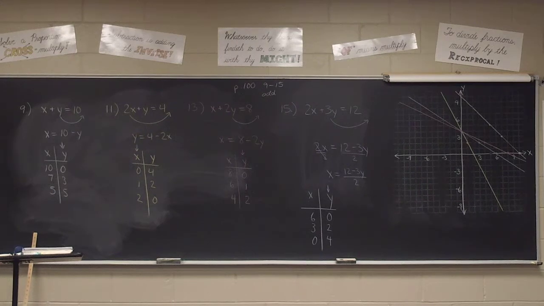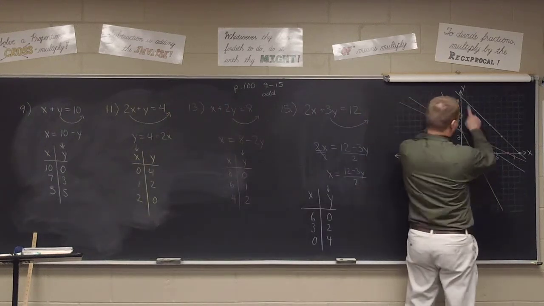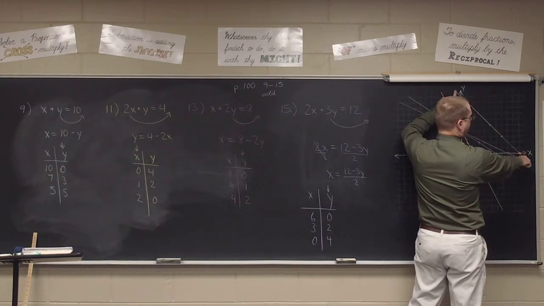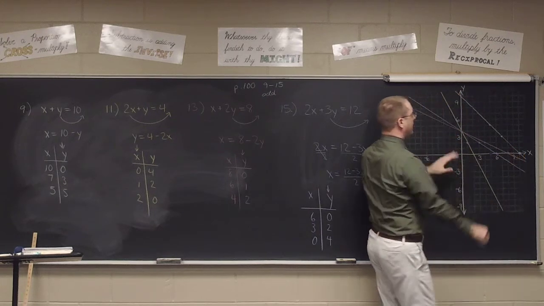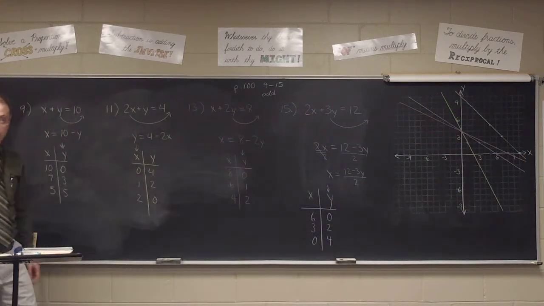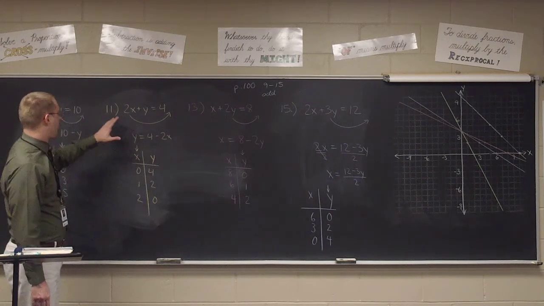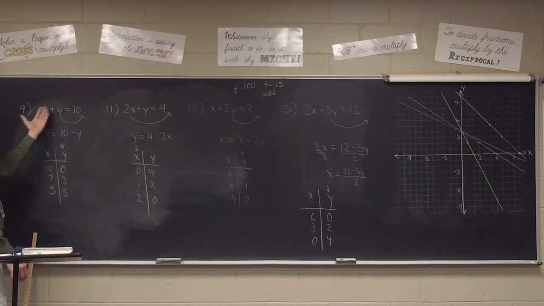Alright, for sake of time, go and stop where you're at. Check your number 9. You should have had an equation kind of on the outside of all the other action that went through the tens on your axes if you made them that far. Did we get that white line equation correct? For the next one, number 11, you could have moved either x or y over, it didn't matter.